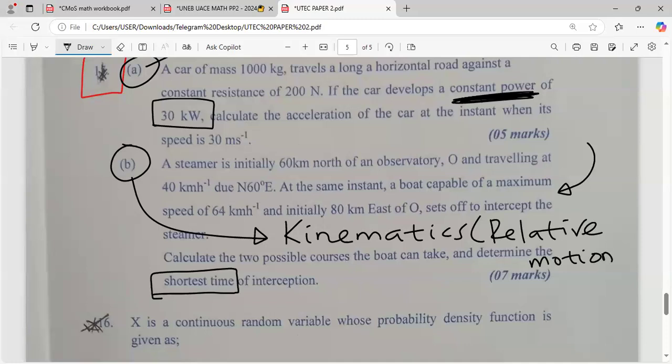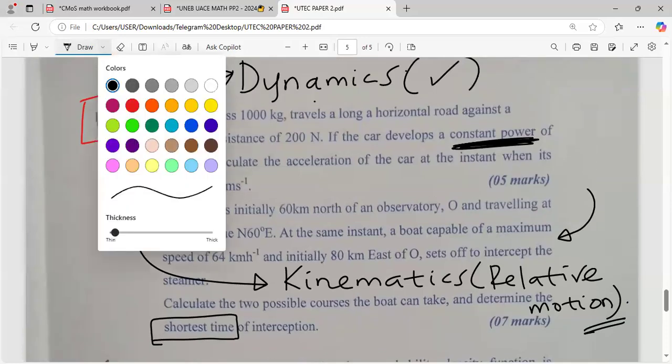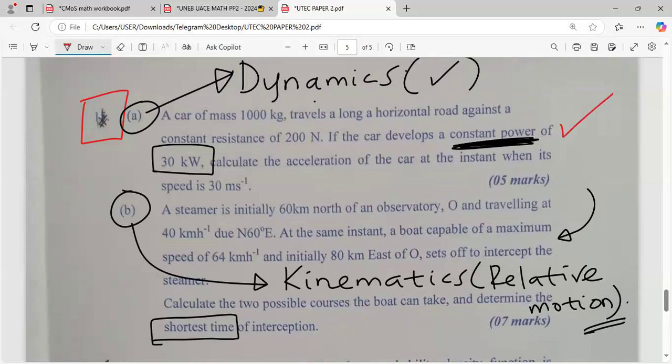So that's why I always tell you that perfection will always work out, you like it or not. So if you find that you never perfected the concept of power in dynamics, you can come and do part B out of the 7 marks. Even if you get 4, they are enough. I already briefed you about the other branches in paper 2.